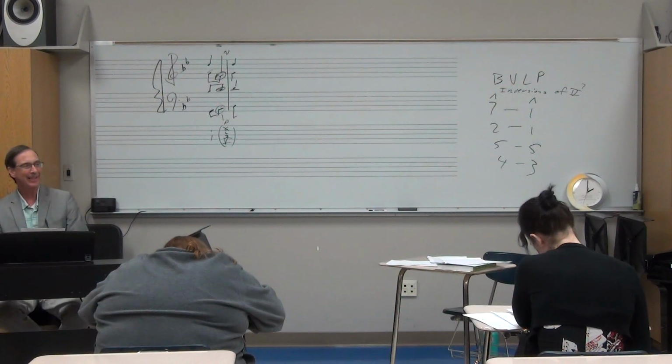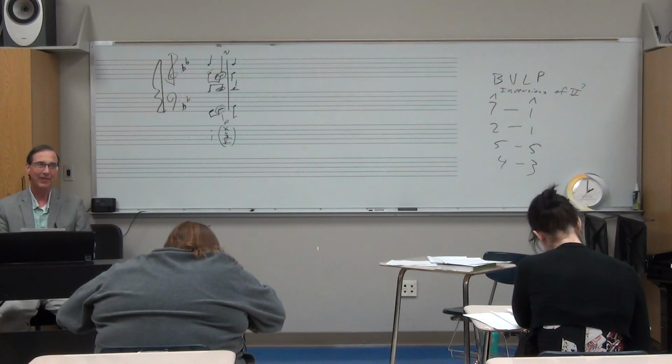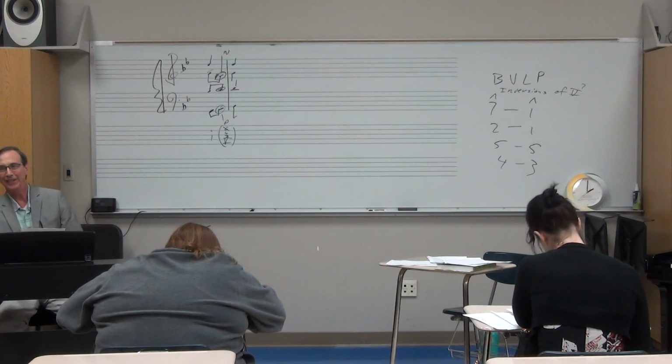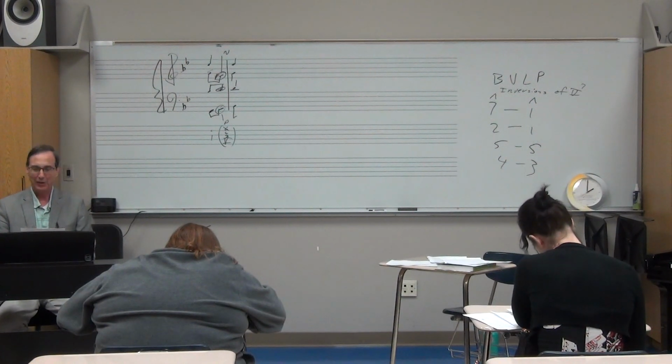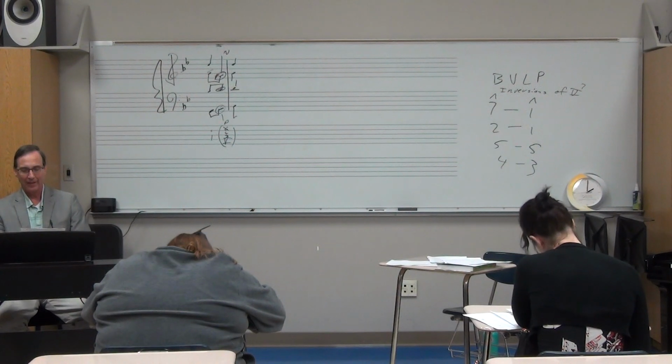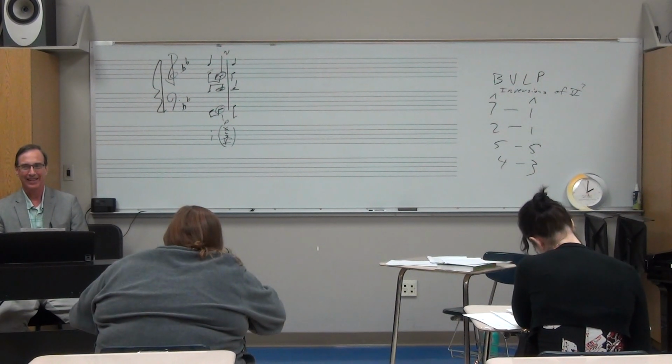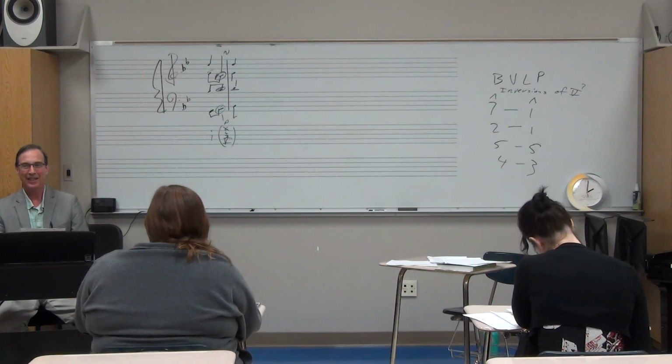And what's that chord? My favorite, actually. I don't know what that is though, do you? 2-6-5 to 2-7, 5, 1. What kind of cadence is that? Authentic is correct.